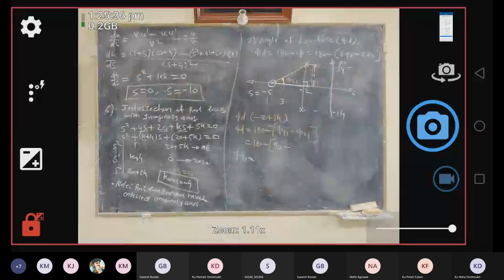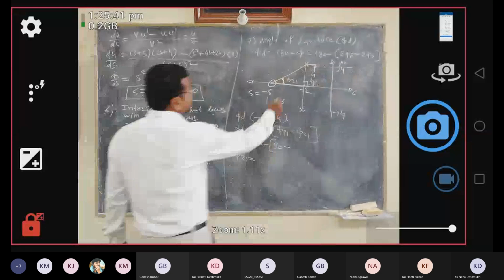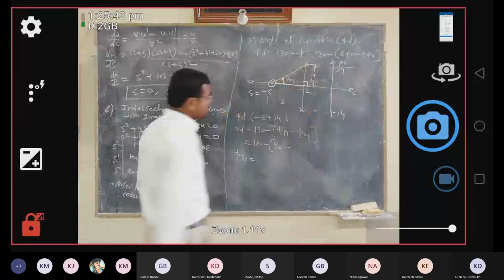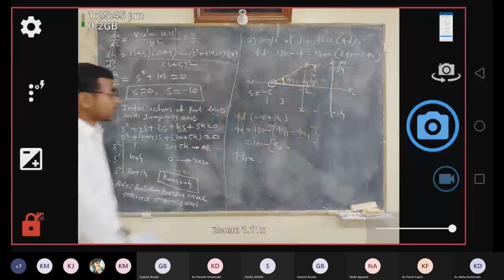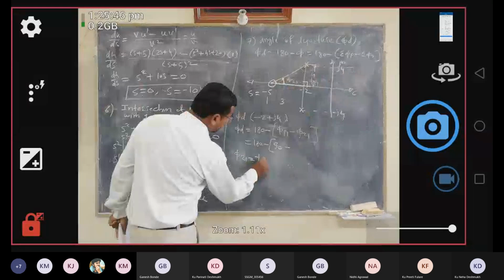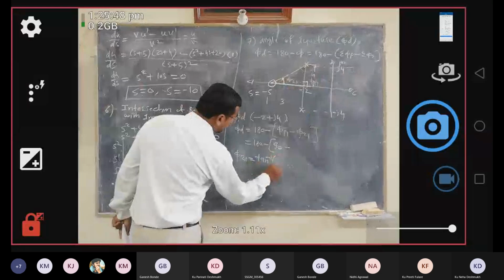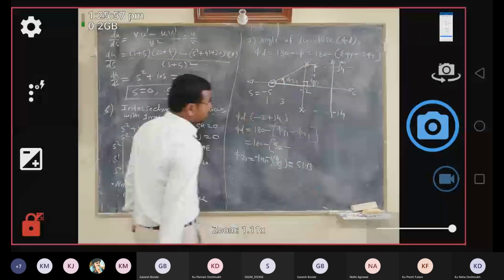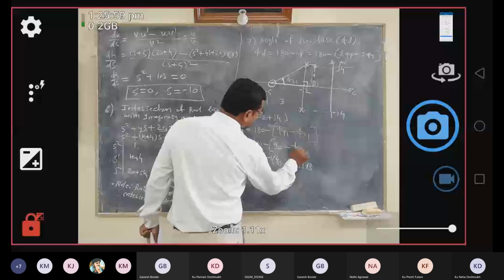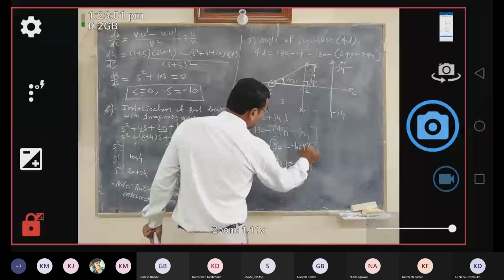Apply the trigonometry. So this angle is nothing but tan inverse of 4 by 3. So phi z1 is nothing but tan inverse of 4 by 3, and the value of tan inverse of 4 by 3 is 53.13. Therefore, write down here tan inverse of 4 by 3.